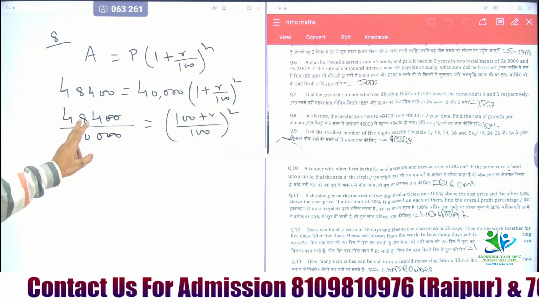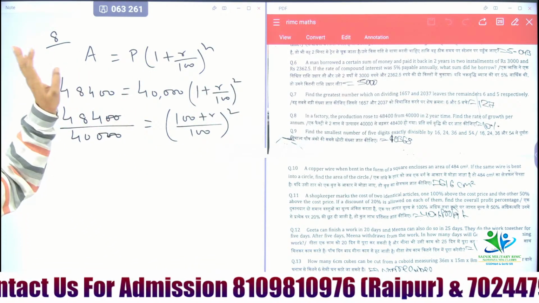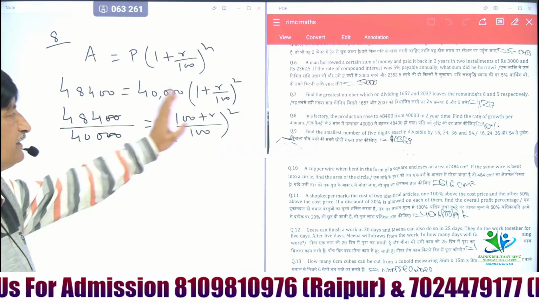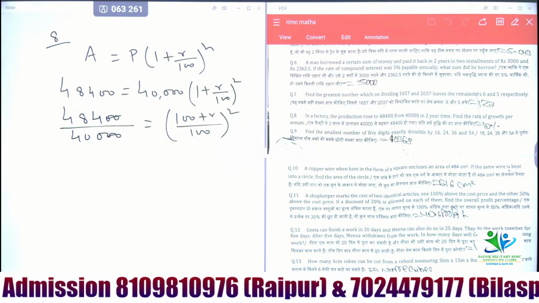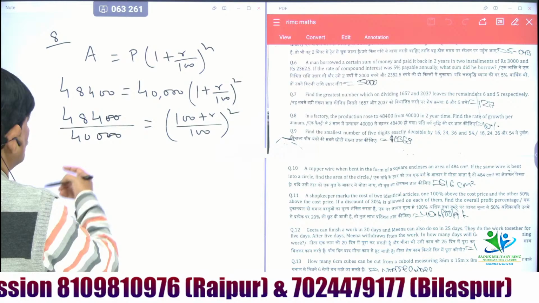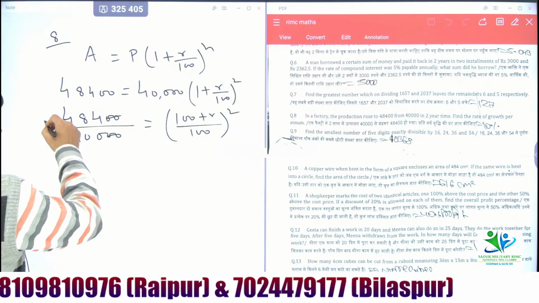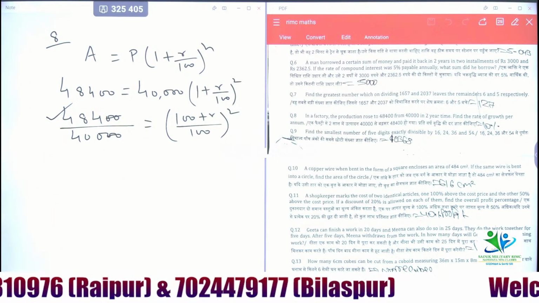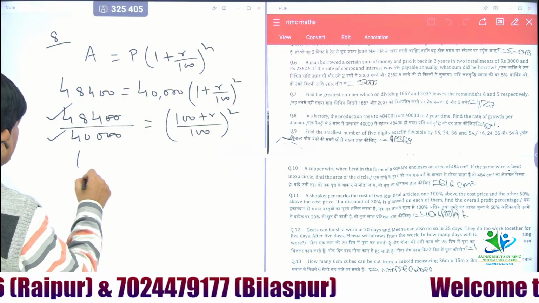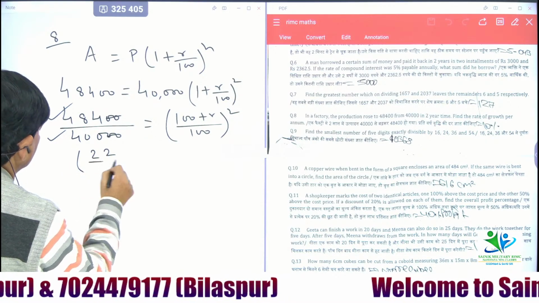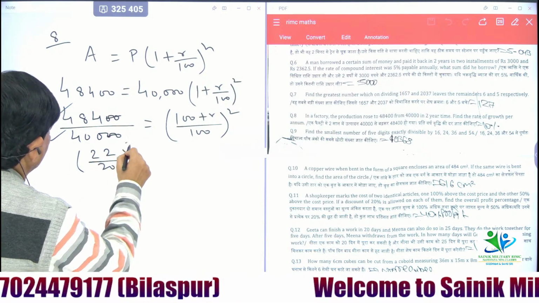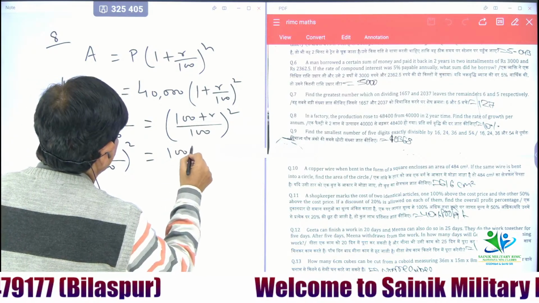That means इसका भी एक्सपोनेंट 2 बनाना होगा. जब एक्सपोनेंट सेम होगा तो बेस भी सेम होगा. तो इसका एक्सपोनेंट 2 बनाने के लिए आप ओरली लिख सकते हैं, दिस वन इज 22 स्क्वायर and this one is 20 square. So you get here (22 by 20) square is equal to (100 plus R) by 100.